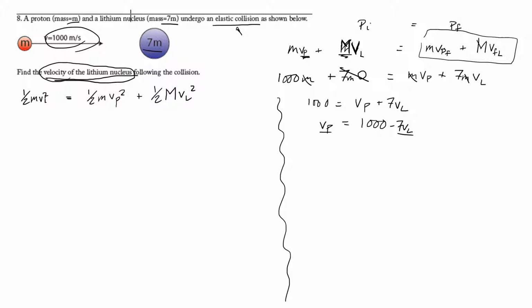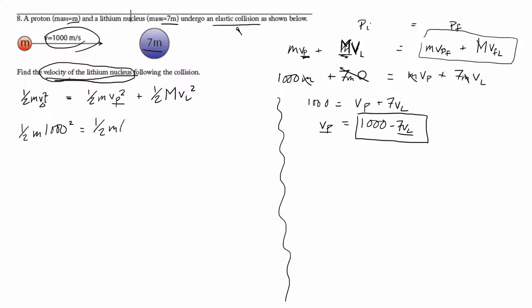Let's try to simplify this as much as we can. We already know this V is 1,000, so this is 1/2 m 1,000 squared is equal to 1/2 m. Instead of VP, I have an expression for VP, so I could do a little bit of substitution here.